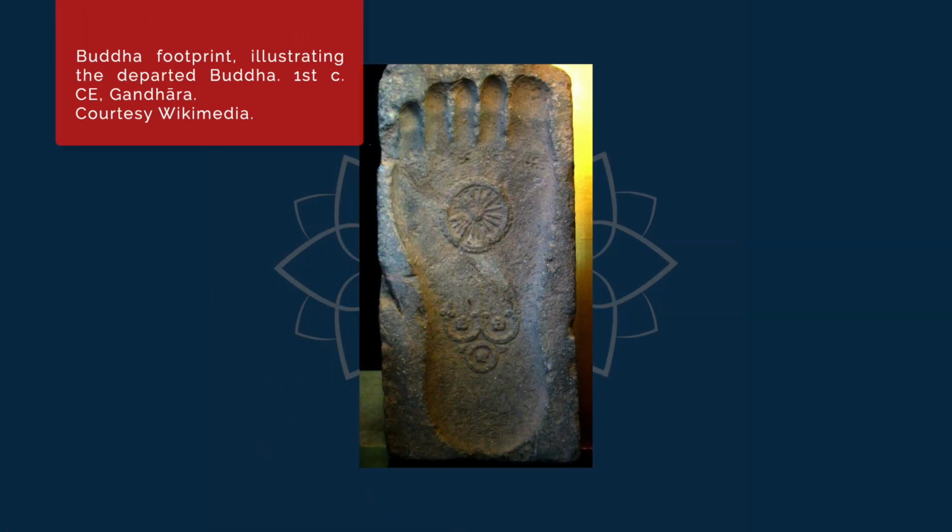So another point that we have to make is that this gesture seems to have arisen just in the time period after the ideas of aniconism had begun to wane. Aniconism is this concept, this movement in early Buddhist sculpture where the idea of representing the Buddha in human form was thought of as something not to do, that one should instead represent the Buddha as an absence rather than a presence.